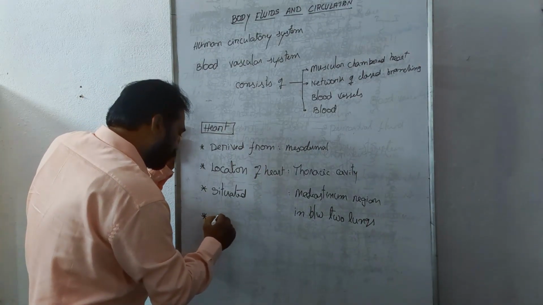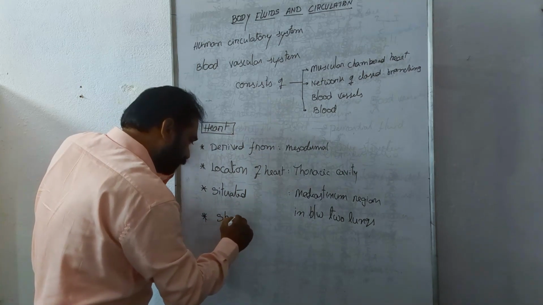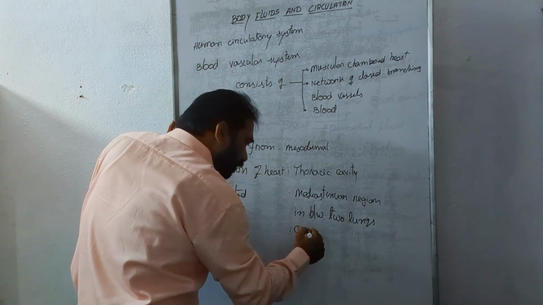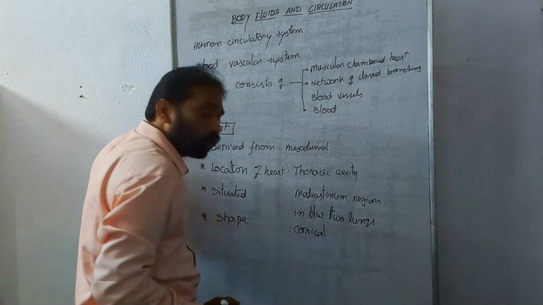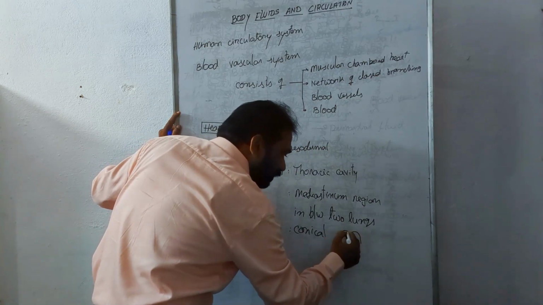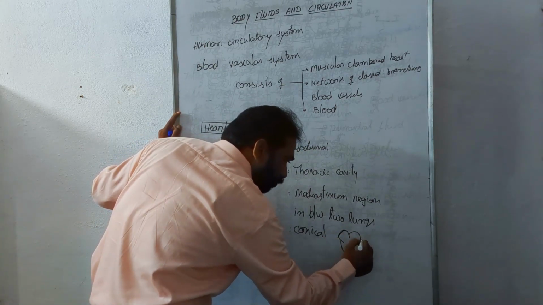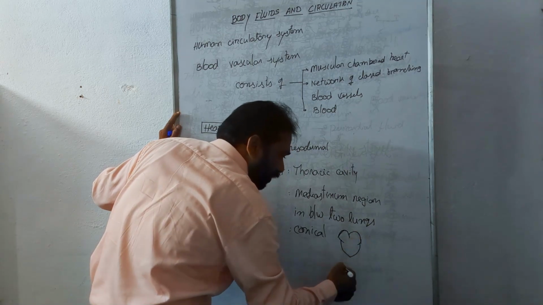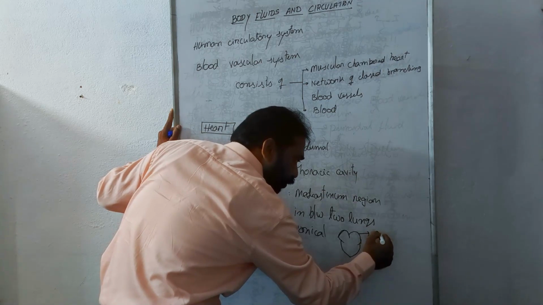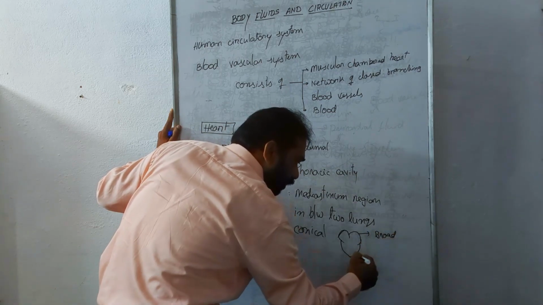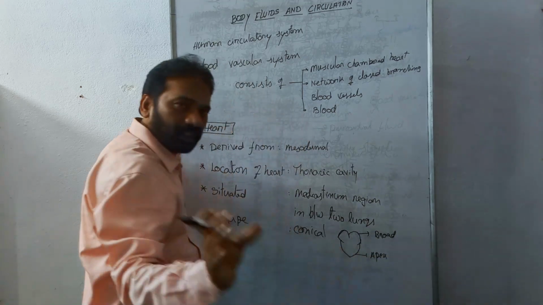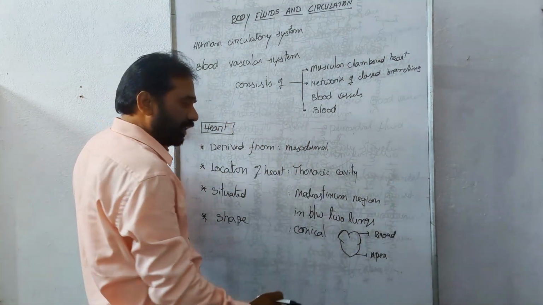First of all, the shape. Conical shaped structure. Conical gives the appearance of a cone shaped structure. This is the broad portion. Then this is the apex, somewhat tapered, and we are identifying.